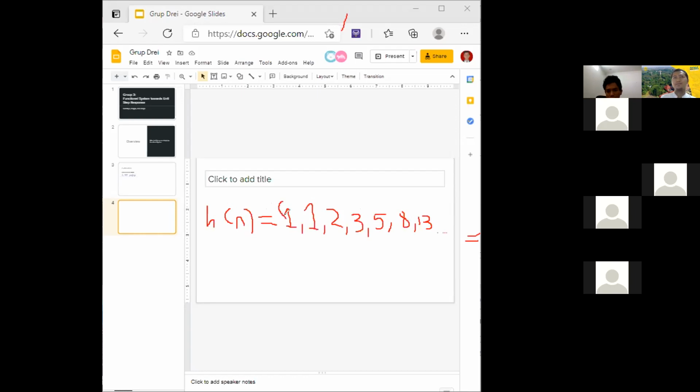So this is the unit step response from the system functional. That's all from us.